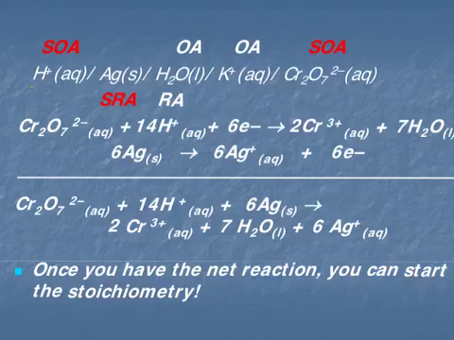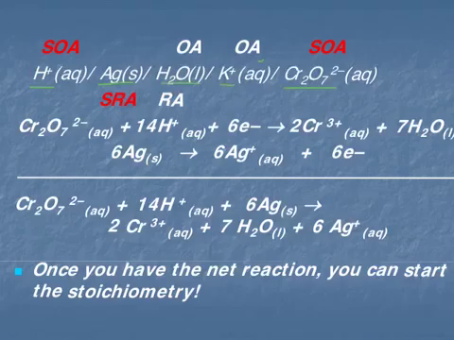Here we have hydrogen, because it's an acidified solution, solid silver, a whole lot of water, some potassium, and dichromate. We find that the oxidizing agents are hydrogen ions, water, potassium ions, and dichromate. And our reducing agents present are solid silver and water.